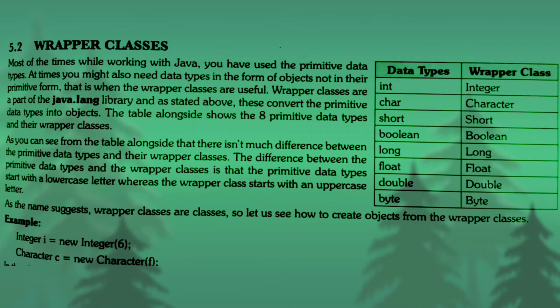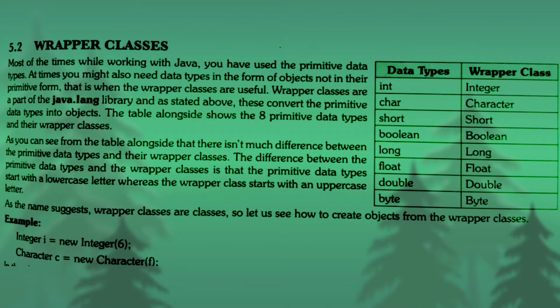All these variables hold a single value, and all the variables declared using the 8 primitive data types are called value type, because whenever we use such a variable, it is accessed with the help of its name and not by its memory address. So that's why these variables are called value type.